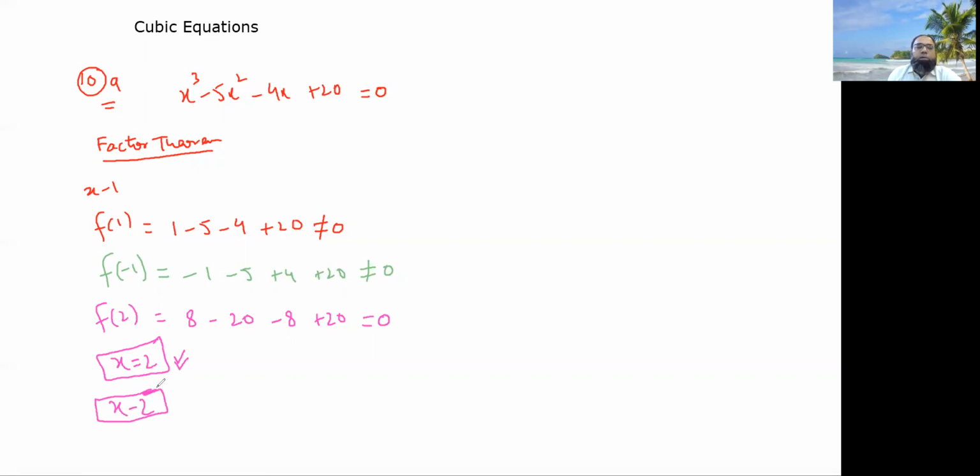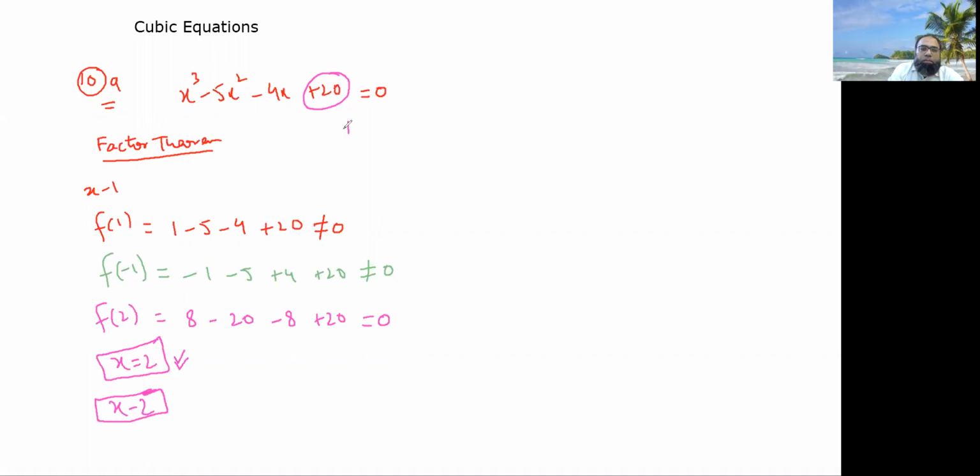Now the question is, you should have asked how do we know which numbers have to be tried? This is a very important, key question: while making these trials, what numbers should we be trying? The numbers that you try have to be the factors of the last number over here.